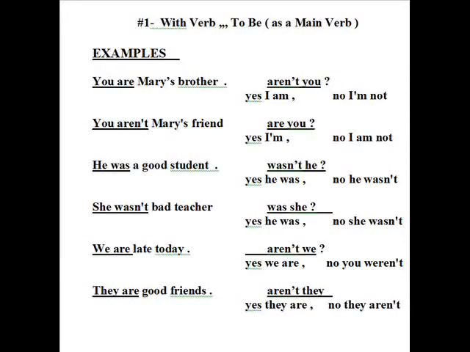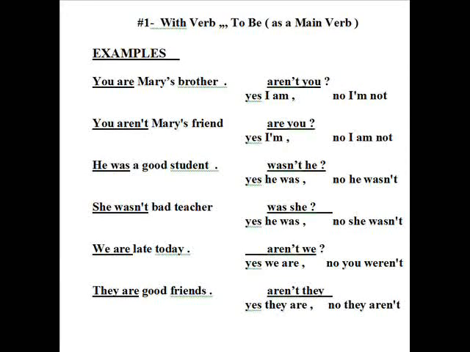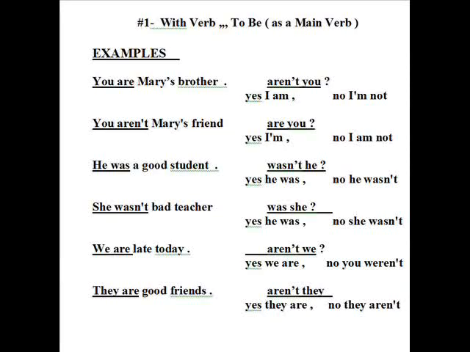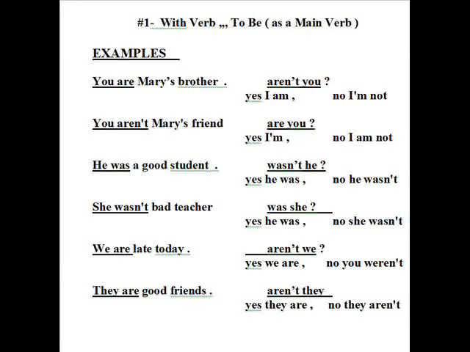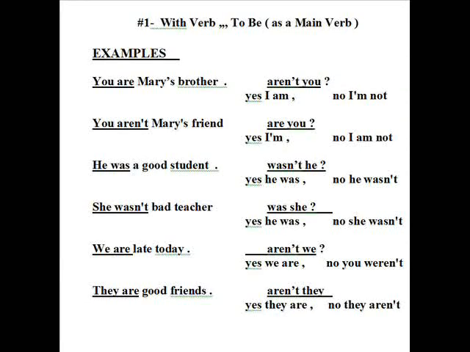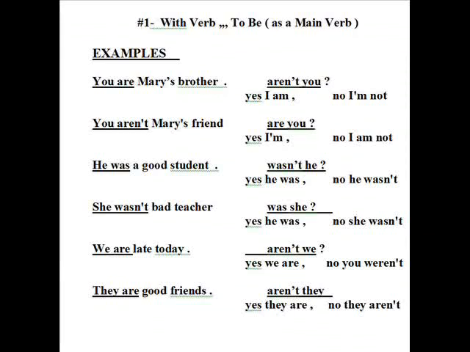If anybody needs anything to review or explain, I am at your service anytime. You have my phone number. Example: you are Mary's brother. This is an affirmative statement. Aren't you? It's a negative question.